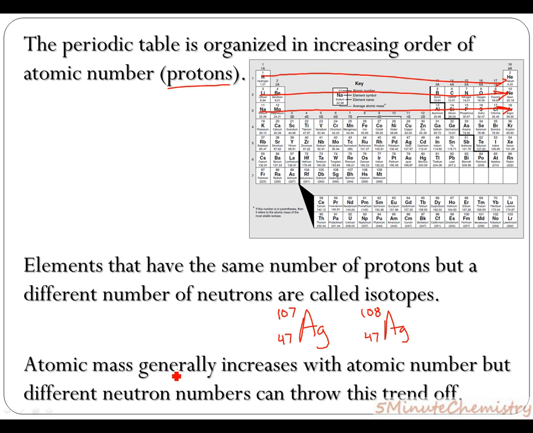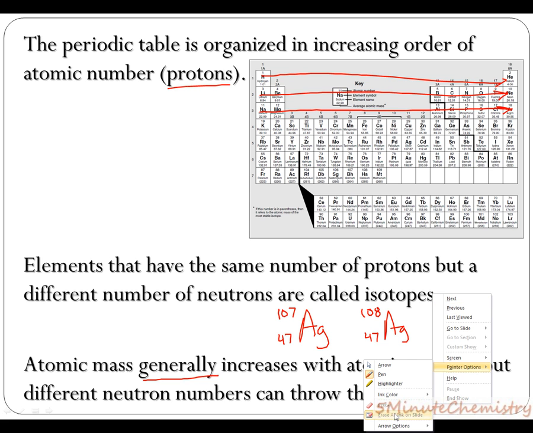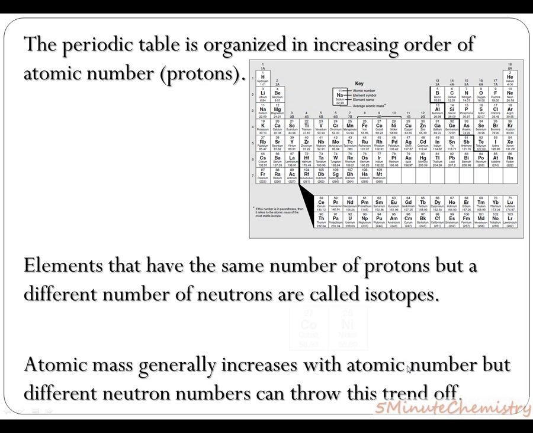Now another trend is that mass will generally increase with atomic number. So moving from left to right, you see 40, 44, 47, 50, 52. So as the atomic number increases, so then does the mass. But just be aware, this can be thrown off just a little bit in some specific instances based on the number of neutrons.